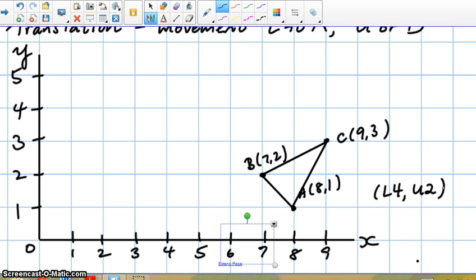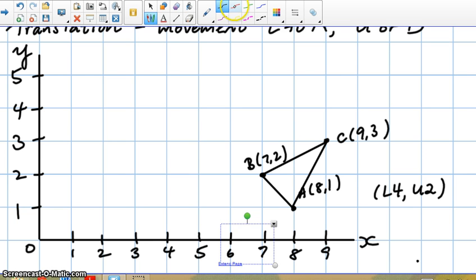Now, this is where I advise you, pause the recording now before I actually go over the answer and try to figure it out. Don't forget as well that you need to label your image properly. Let's see how much you remember from last year. So go ahead and pause the recording.